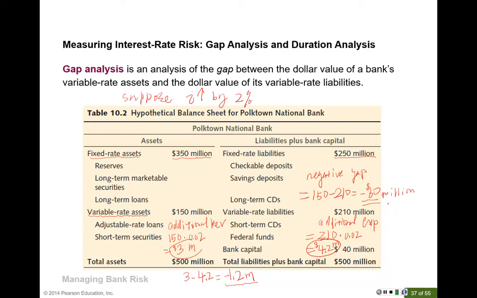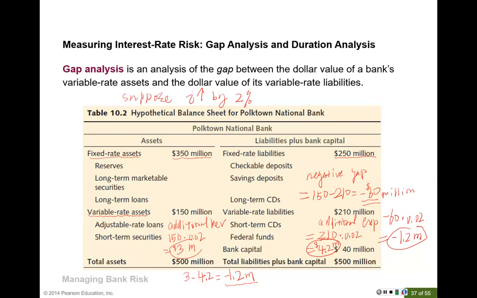In this particular example, because of the negative gap of $60 million, if the interest rate increased by 2%, we can simply use this negative $60 million multiplied by the increase in the interest rate, and we get a negative $1.2 million.